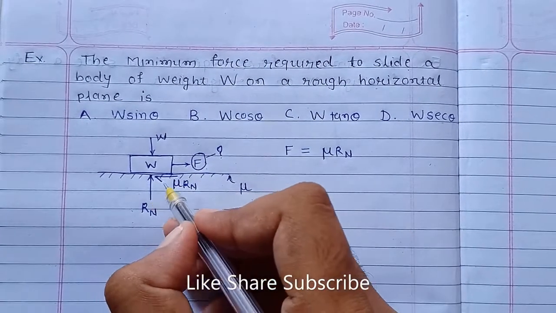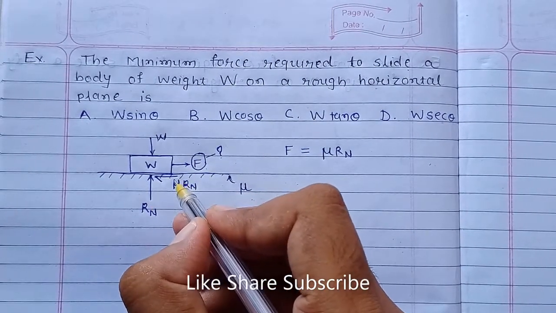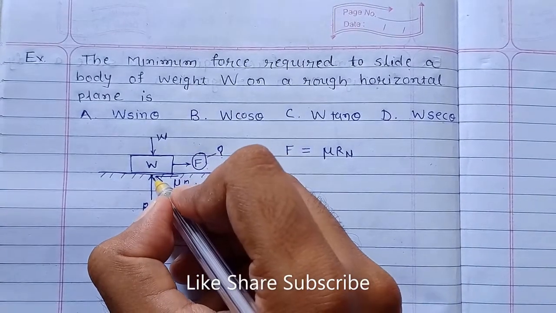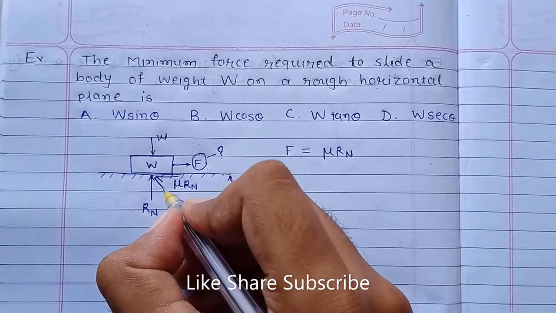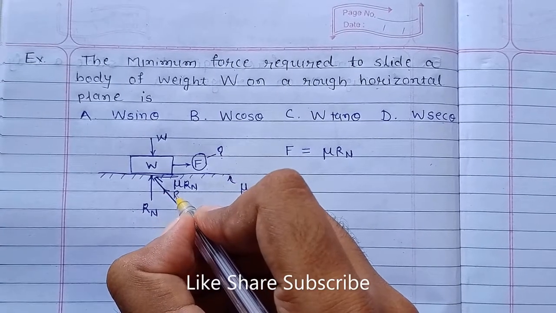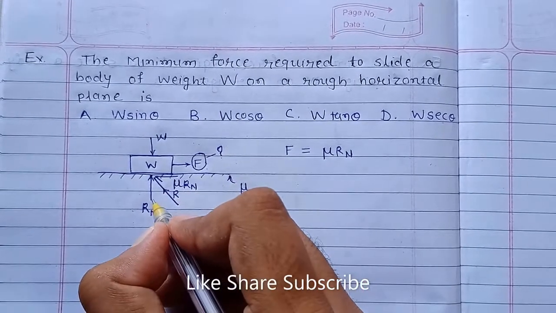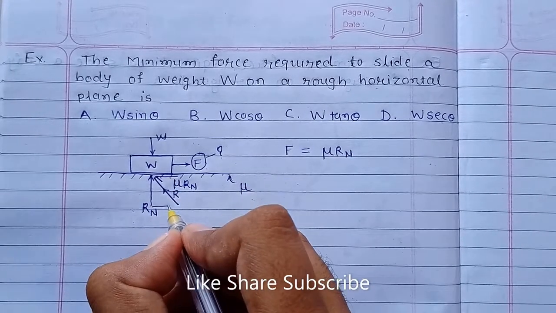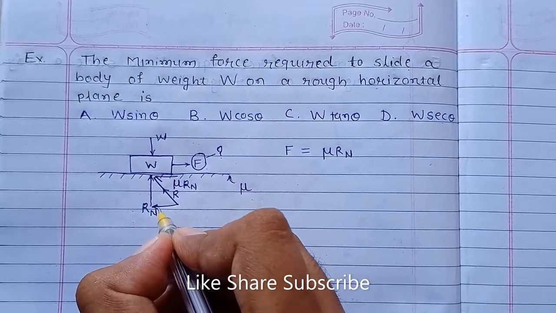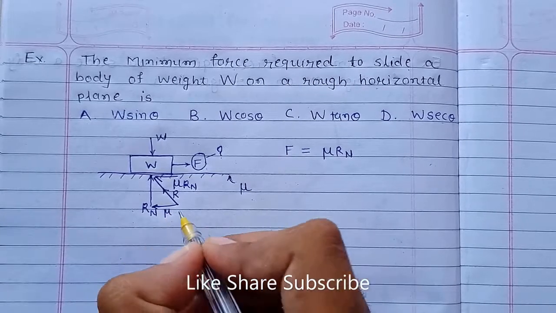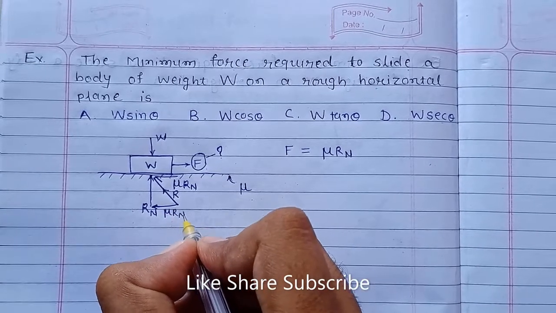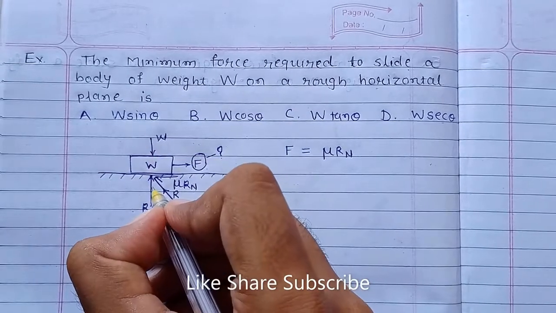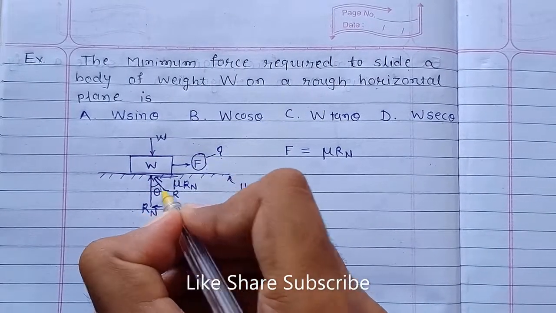Now if we want to find the equivalent force of these two, let's say the resultant force of these two is R. If we transfer this force mu times Rn over here, then the diagonal of this triangle will give us the resultant force, and this will be theta.